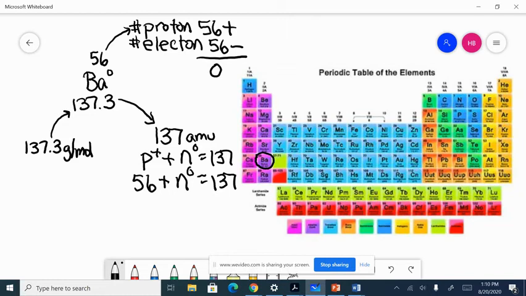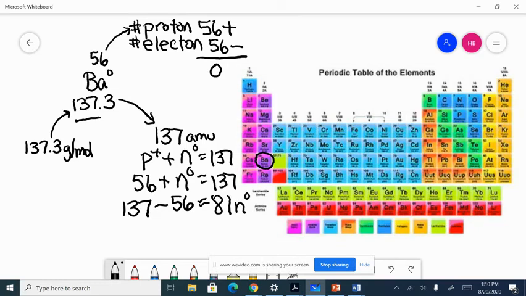So in order to find the number of neutrons in barium, we would rearrange this equation, and the number of neutrons would be the atomic mass number minus the number of protons, and that will tell us the number of neutrons that barium has. So I don't care if you use a calculator. 137 minus 56 tells us that this particular atom has 81 neutrons.